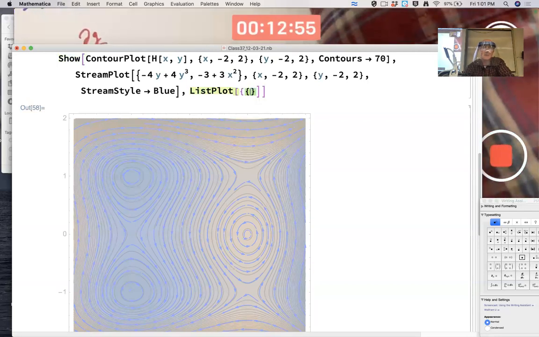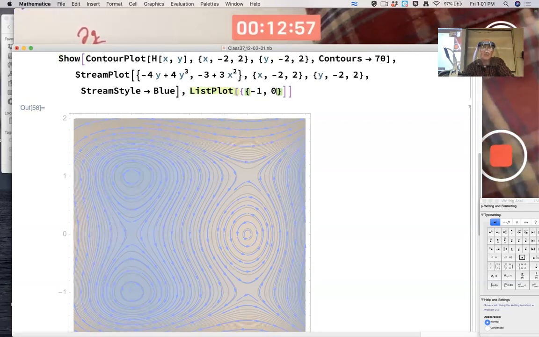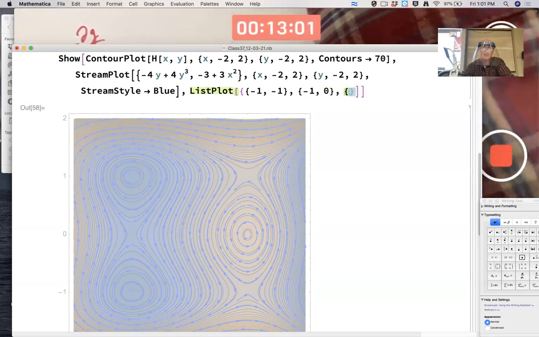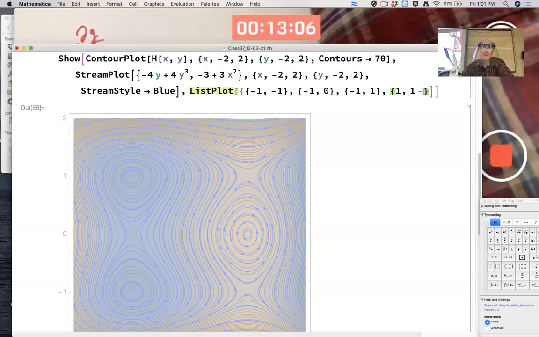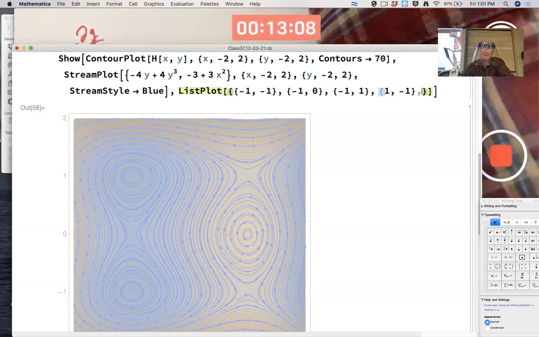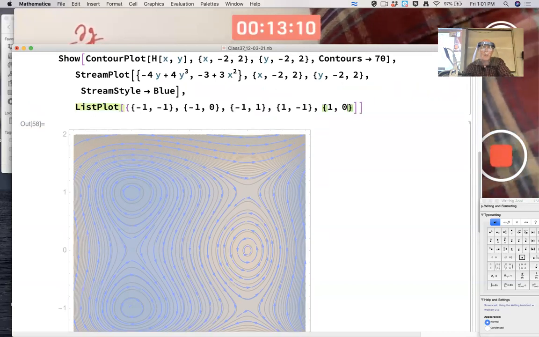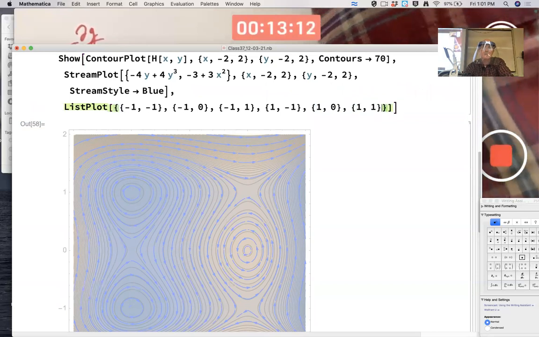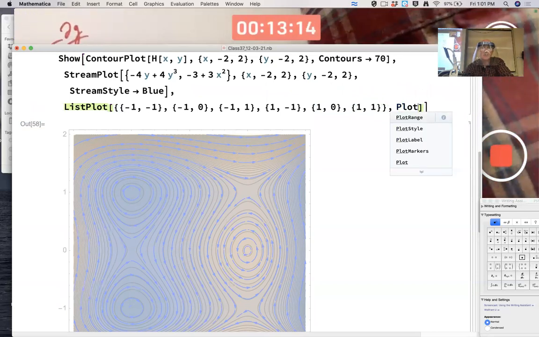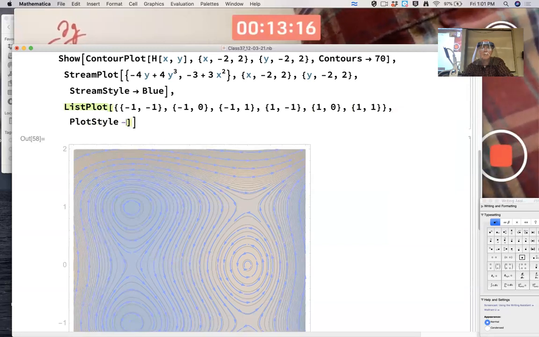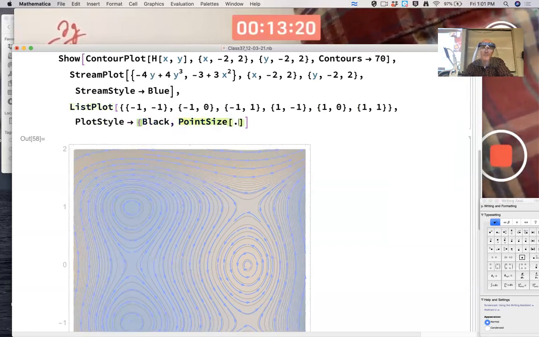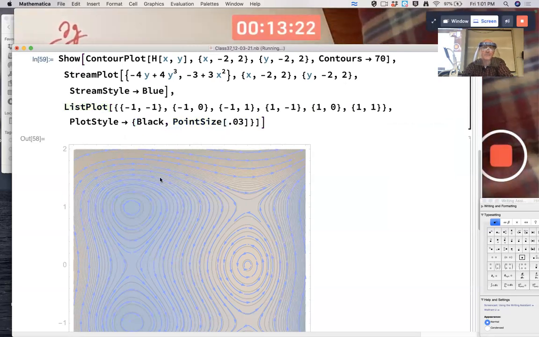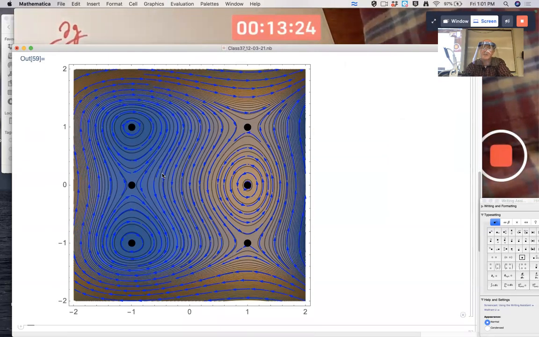There's 6 of them: (-1, -1), (-1, 0), (-1, 1), (+1, -1), (+1, 0), and (+1, 1). If you happen to find the equilibrium points, those are the things you should have gotten.